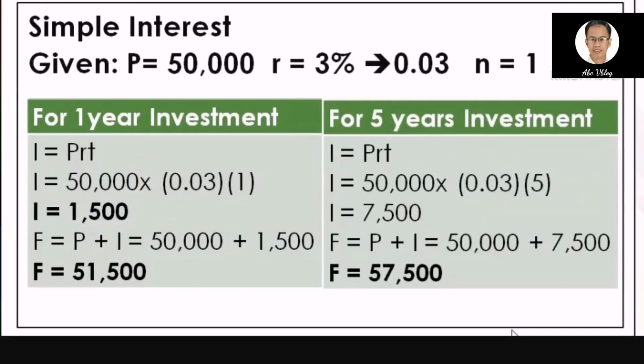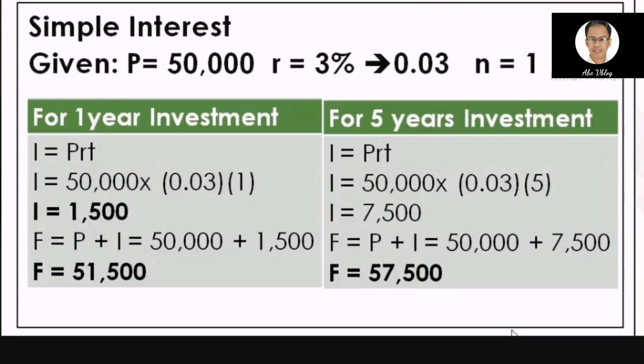Now let's go to the 5 years investment. The same process, so we use I equals PRT. We substitute the given values: 50,000 times 0.03 times 5 years. So then we have 7,500. So the total earning would be 7,500 for 5 years.